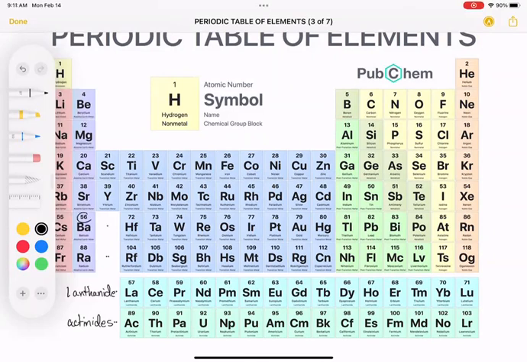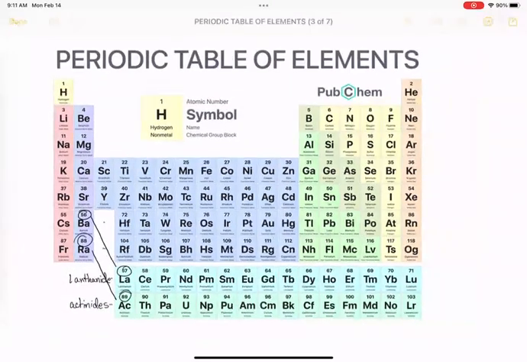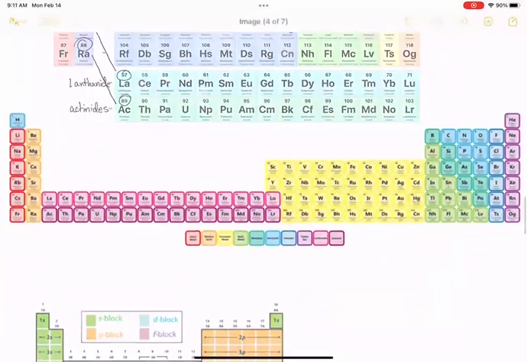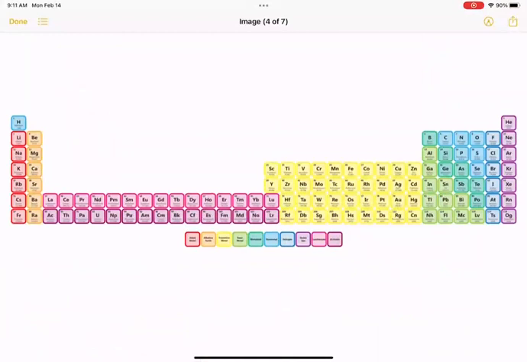But if you follow the atomic number, you will see that the lanthanides are actually in period 6, and the actinides are in period 7. So if we wanted to actually see the periodic table, this is the way it should be arranged.